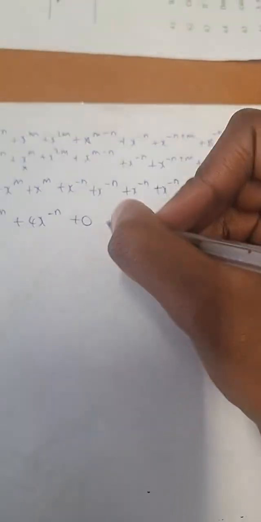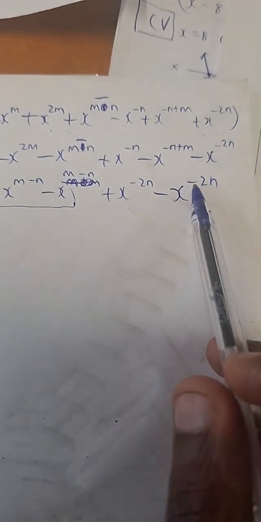Let's move on. x to the power 2m minus x to the power 2m, that is 0. Then x to the power minus n plus x to the power minus n minus x to the power minus n minus x to the power minus n. This plus that gives me 2 of them. Minus that gives me 1. Minus that gives me 0. So from this here, I get 0 as well. And then last but not least, what's x to the power negative 2n minus x to the power negative 2n?